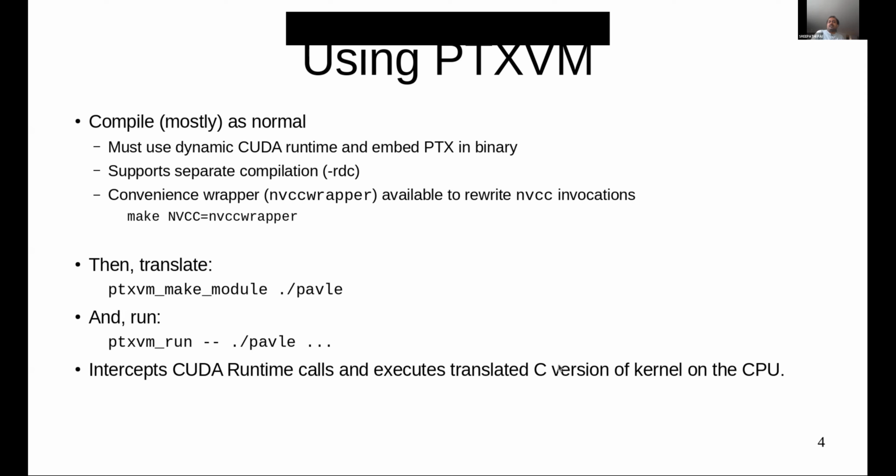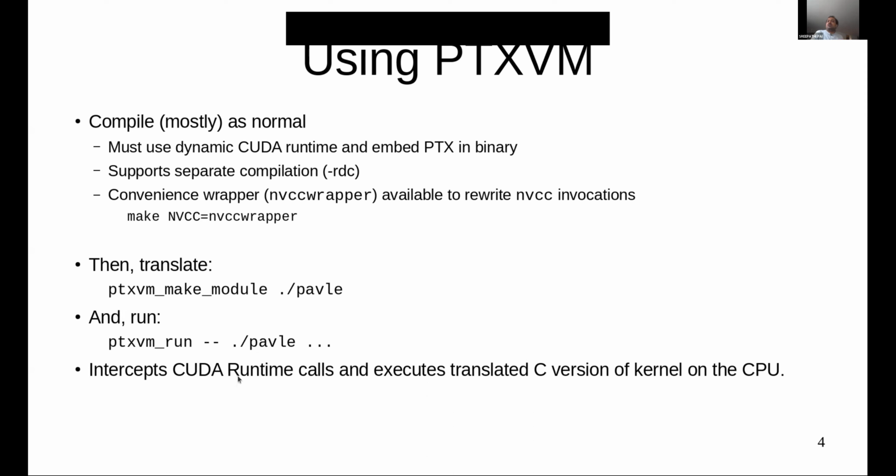Once you have that file, the next step is to actually run the binary, and for that we provide a command called PTXVM run. You just call the ordinary binary, prefixing it with PTXVM run.